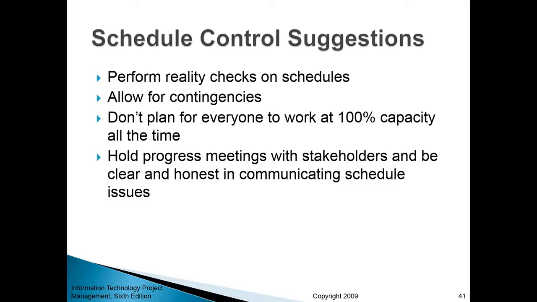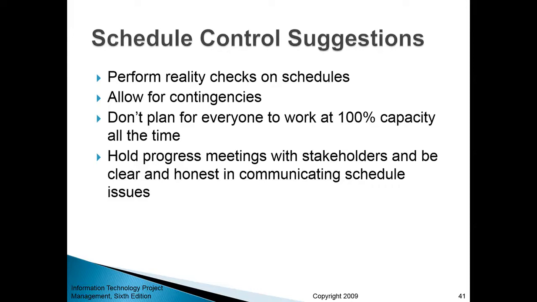Don't plan for everyone and everything to work at 100% capacity. That's just not the nature of things. Because people get tired, people get disrupted, people get demotivated. So all those things need to be taken into account. And usually they're taken into account if you don't expect everything to be at 100% capacity.